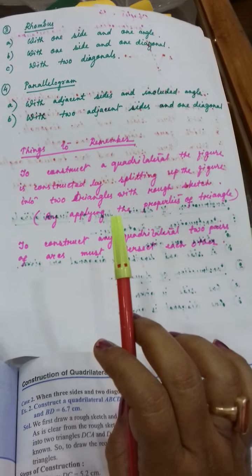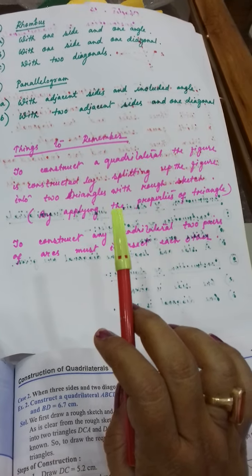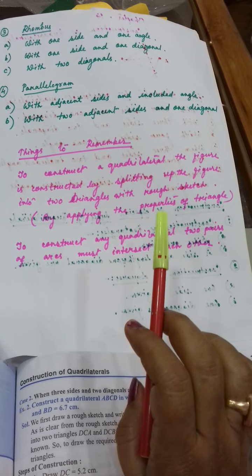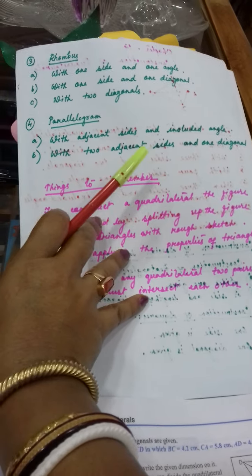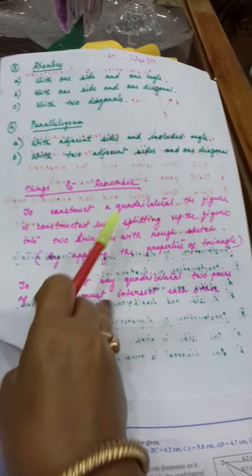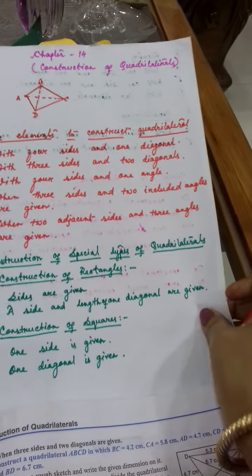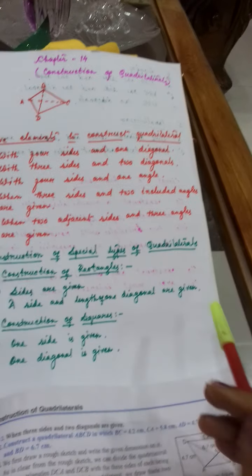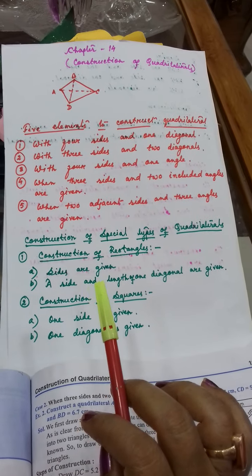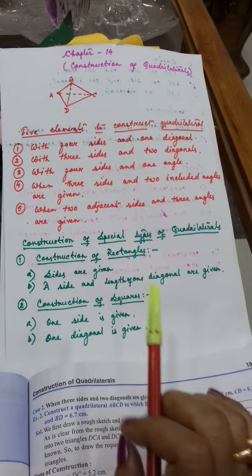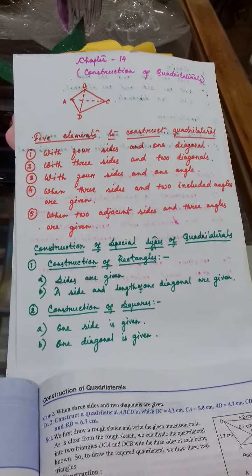So these are the basic things of construction of quadrilateral. So go through these points, whatever I have given you, and write them in your copy, so that you will not face any problem while you practice. Clear? Thank you.